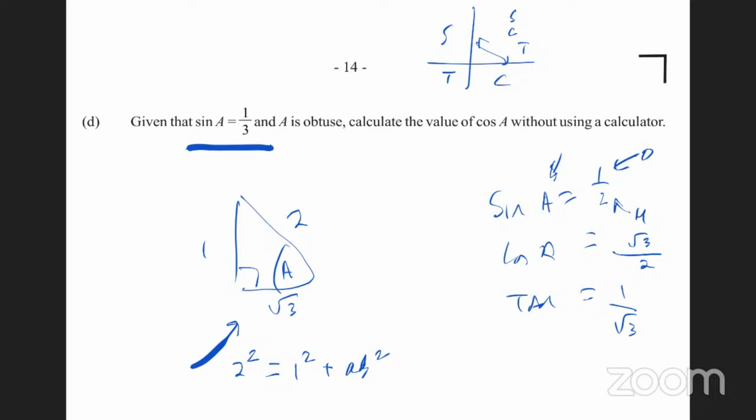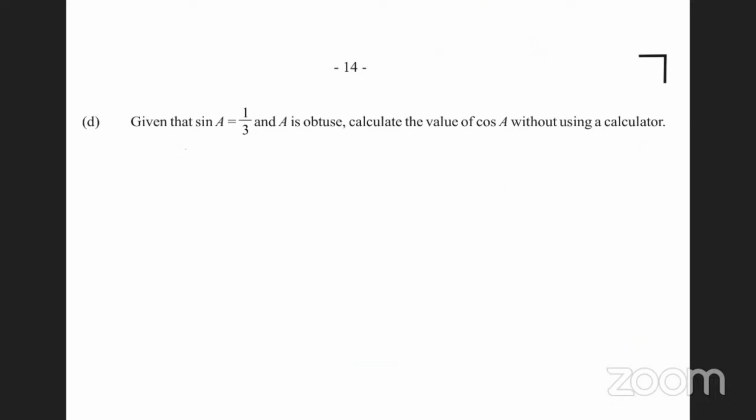What would have happened now, Adrian? In our example here, they say A is obtuse. Obtuse means second quadrant. So it means that cos is what? Negative, and tan is negative. All right, so you're doing the same triangle method. Let's say here's A, opposite is 1, hypotenuse is 3. What is adjacent? 2√3.